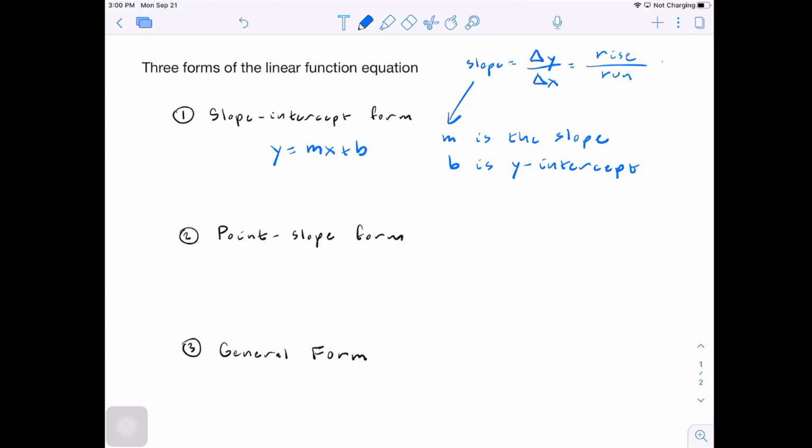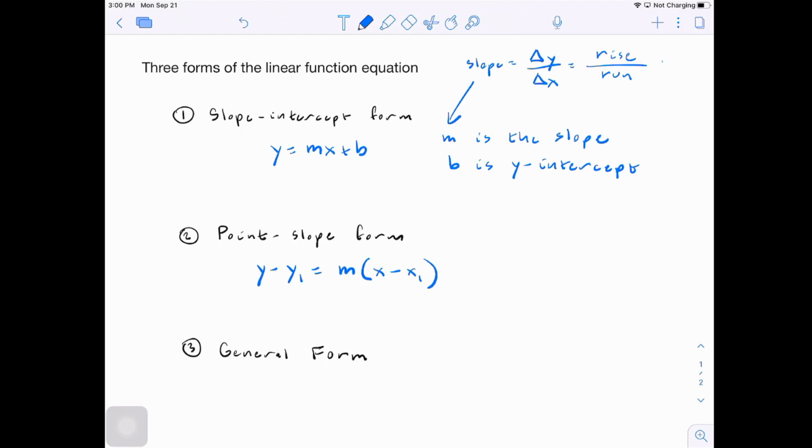The second form is called point-slope form. So for point-slope form, the equation is y minus y1 equals m times x minus x1.